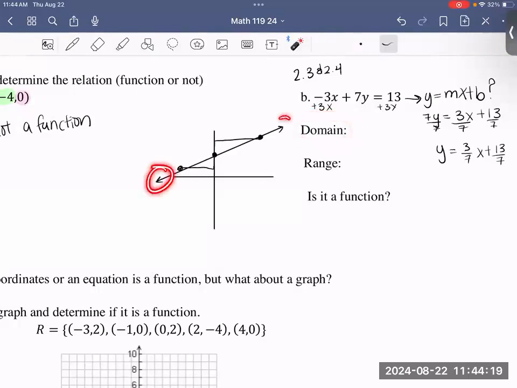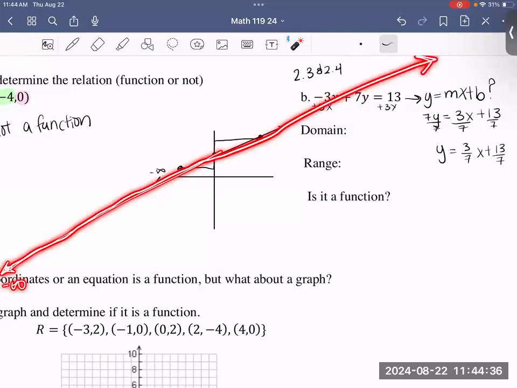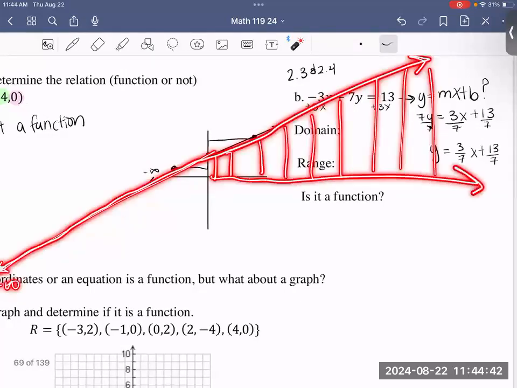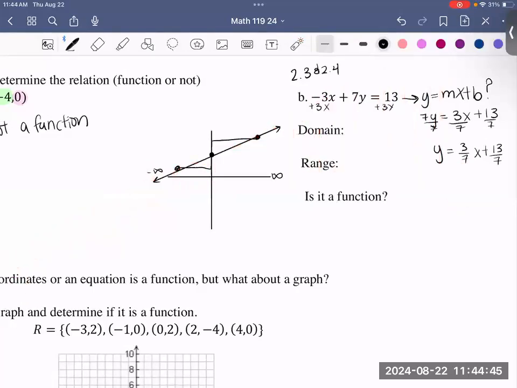Now, these arrows suggest they continue without bound. So looking at your x values, we go from negative infinity. Our graph is starting way out here from negative infinity, and it's going to travel all the way across your page. And your x values, as they're traveling, are going to get bigger and bigger and bigger, so towards positive infinity.